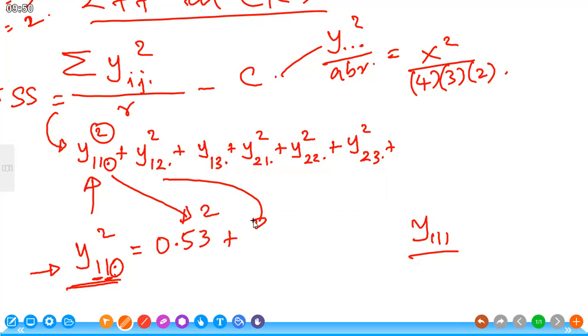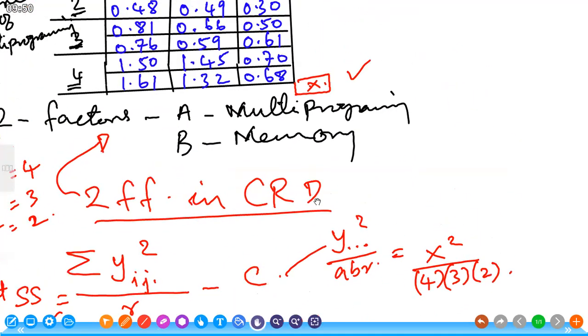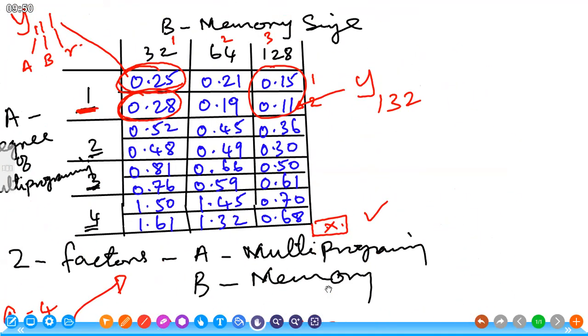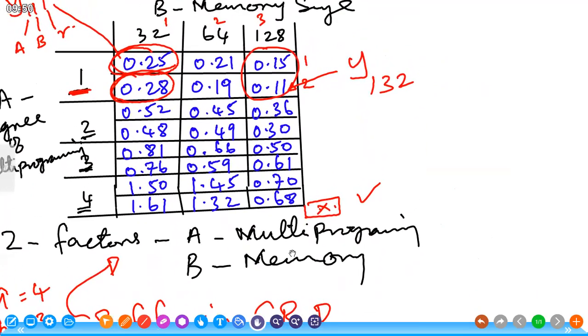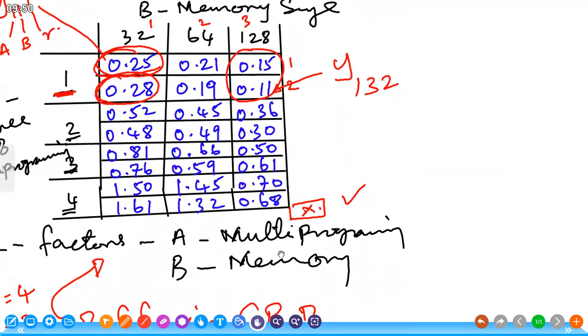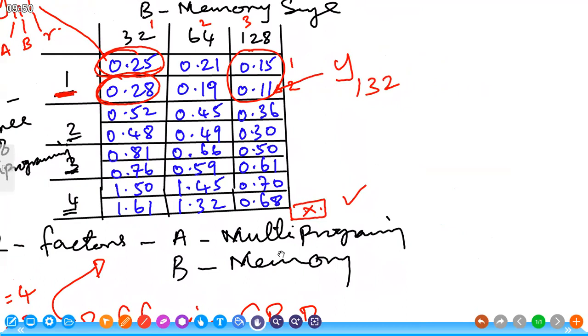Answer for the second one. 0.40 to the power square. Yes, 0.40. Tell me, what are the values you added? 0.21 plus 0.19. Exactly.